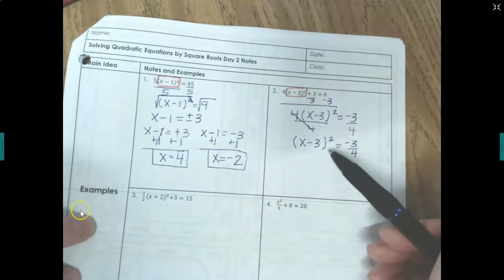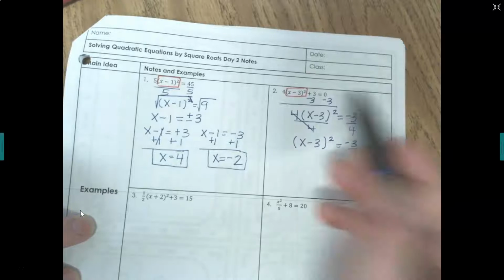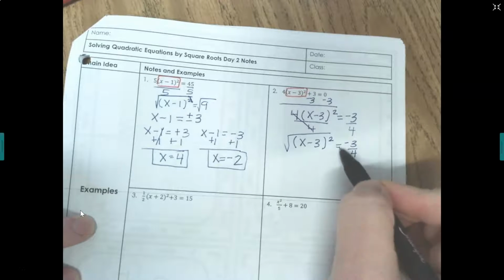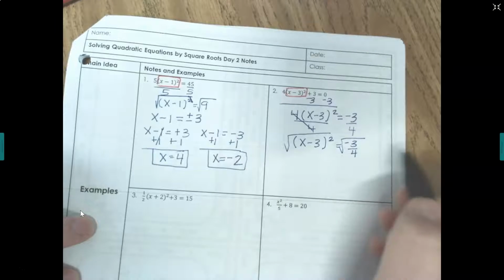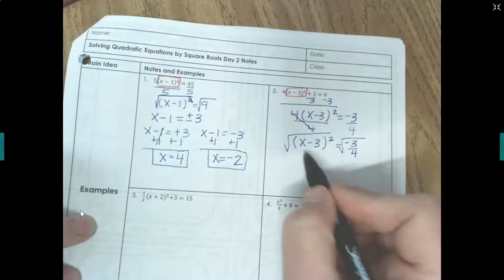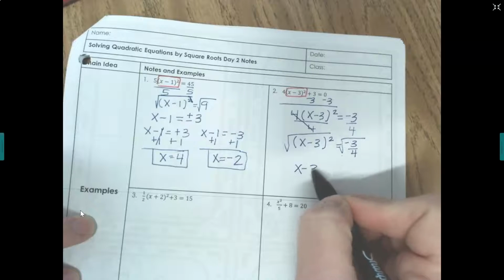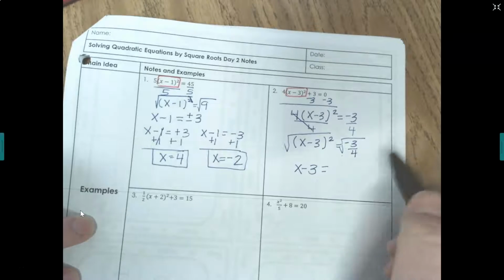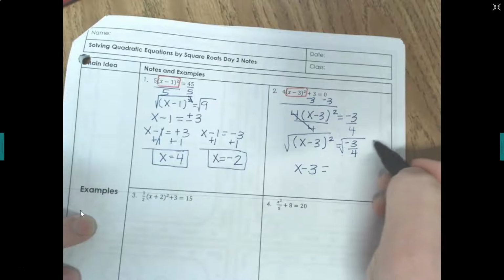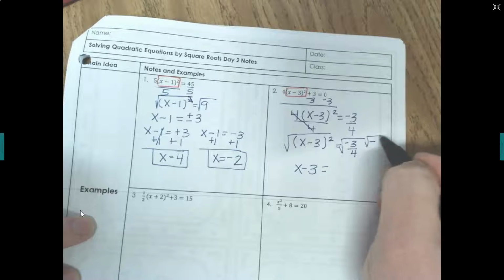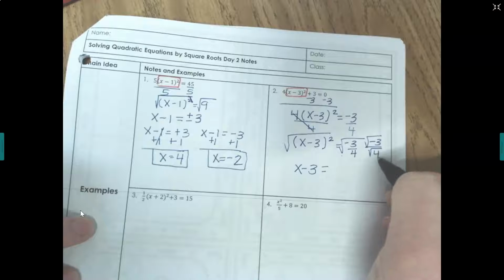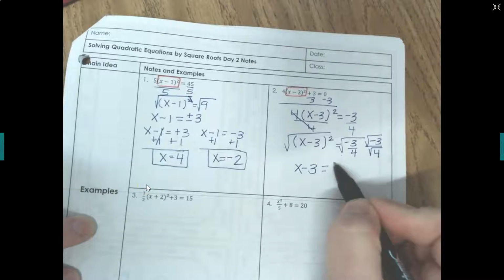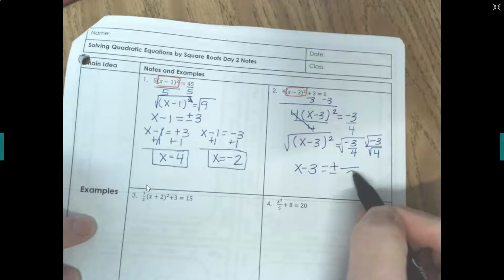Now what we want to be alone is alone. The squared term is alone, so we can take the square root of both sides. And we're left with x minus 3 equals, now remember, when we look at fractions, this is really saying the square root of negative 3 over the square root of 4, and it will be plus or minus. Now the 4 is not a problem.